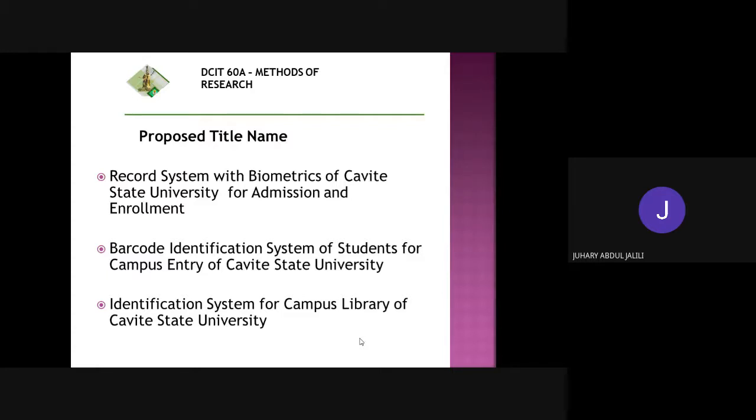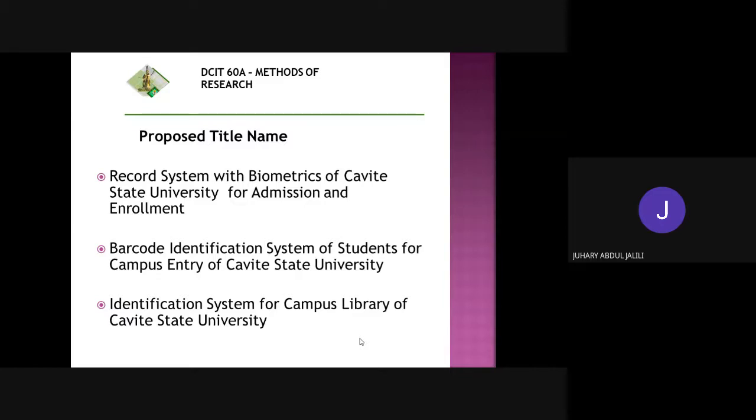In this way, when students are in the process of admission, they will just fill up a form and register their biometrics alongside that information so that it can be used anywhere in the campus without any problems, and long lines would be limited or at least zero.